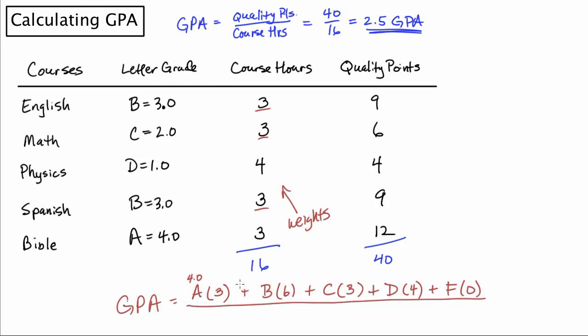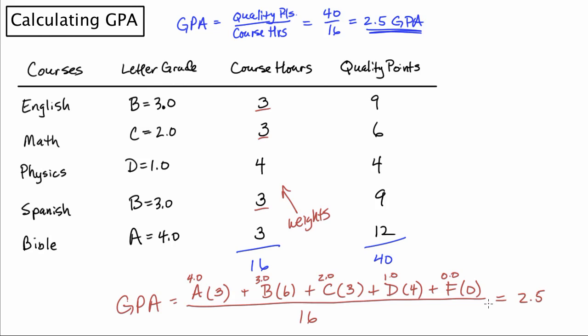And so looking at each of these, the B is 3.0, C is 2.0, D is 1.0, and F is 0. You get no credit for an F. The weights are what I have in the parentheses here, 3, 6, 3, 4, and 0. That's the total number of credit hours, and that's what I would need to divide by. If you calculate this, you will also get 2.5.